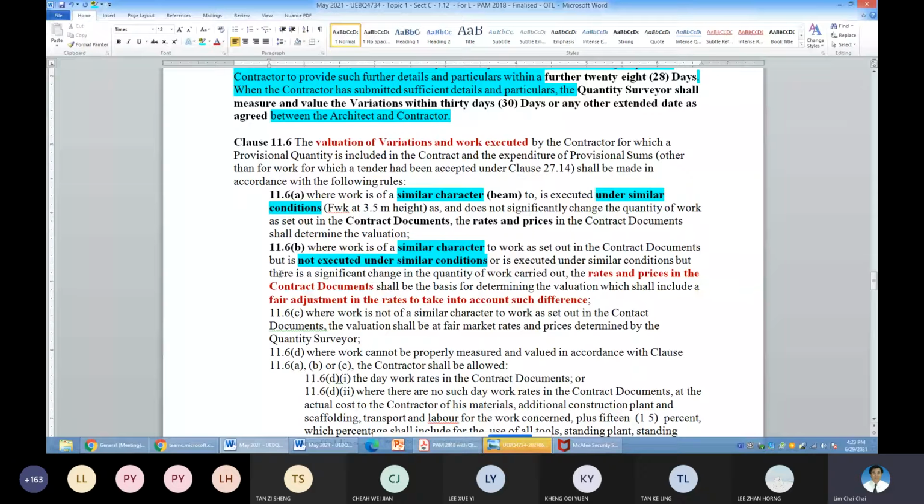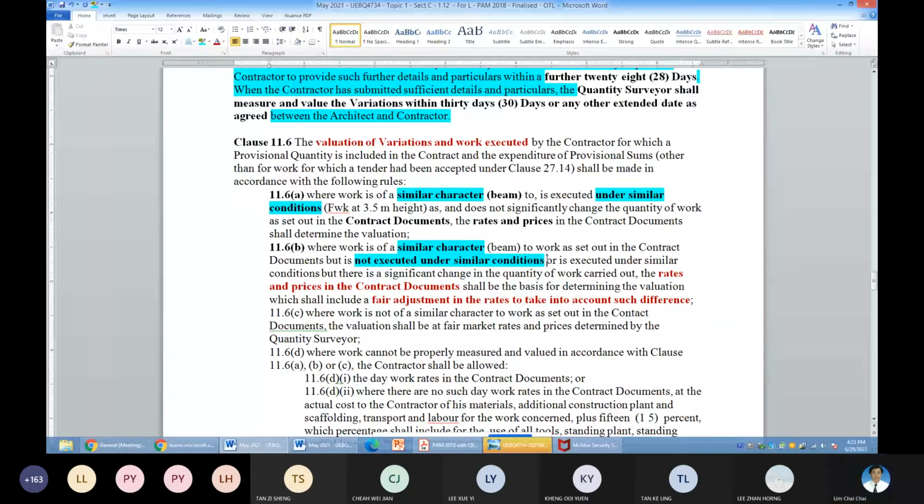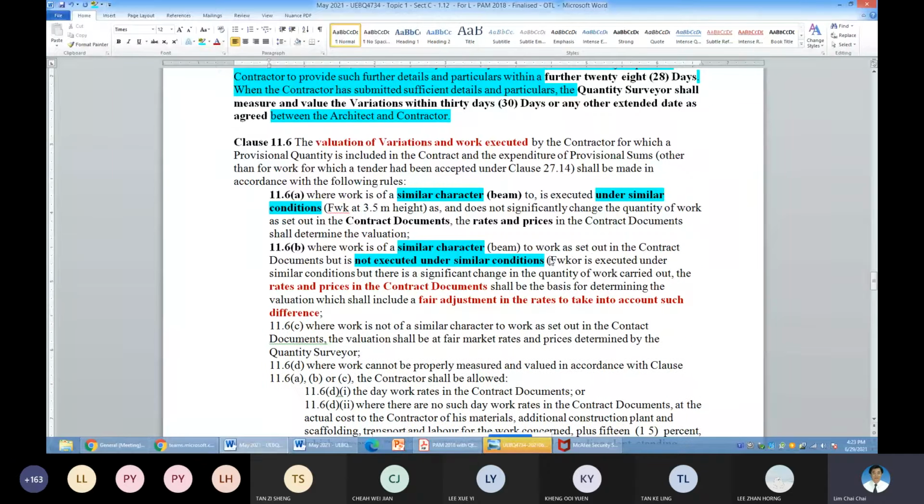Okay, so another example, similar character. Let's say it's asked to construct a beam in a different location. But now the condition here, as I say, is formwork at 5.0 meter height. So you can see now, is it the same condition?